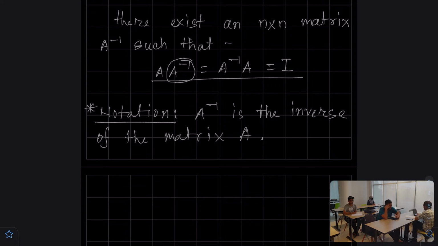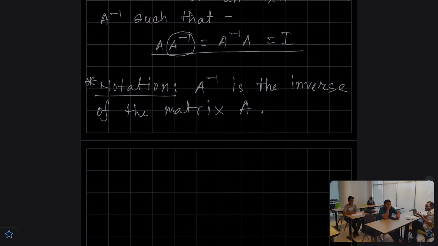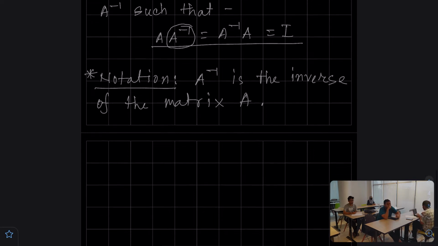I start from the definition that since A is invertible, there exists an inverse. But now consider our matrix is the A inverse matrix, and from this equality, A times A inverse is equal to I.